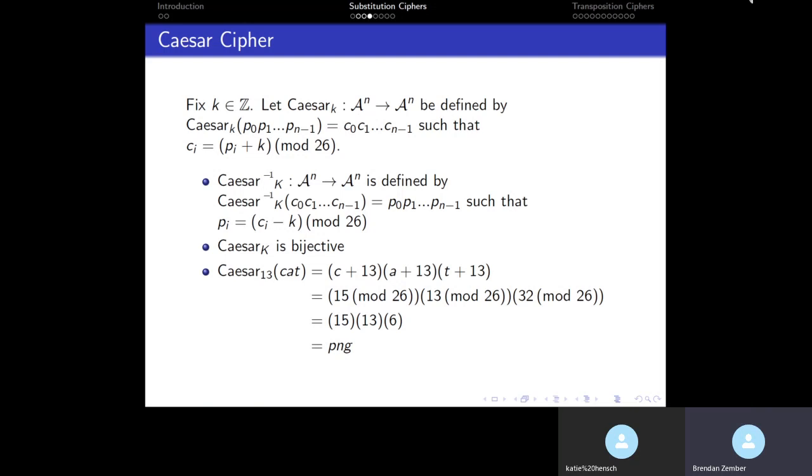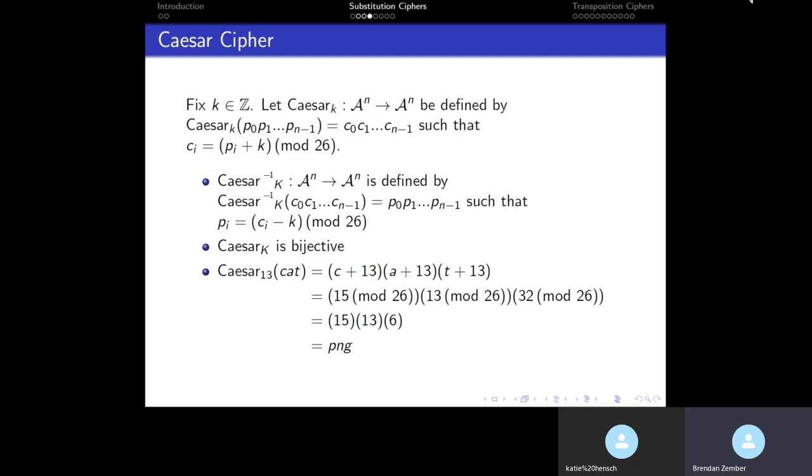And this is defined by taking each letter of the plaintext and adding k to that value modulus 26, as described below. Now, this function is invertible, surprise, since every cipher needs to be able to be decrypted in the exact same way that it was encrypted. So we see that for each p sub i in the plaintext, that value is equal to that same letter in the ciphertext minus k in mod 26.